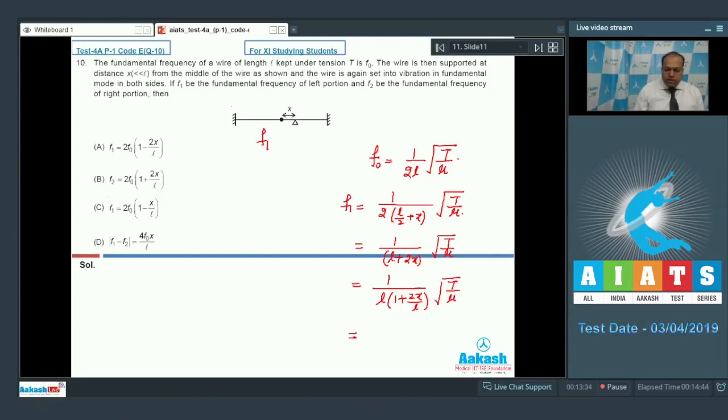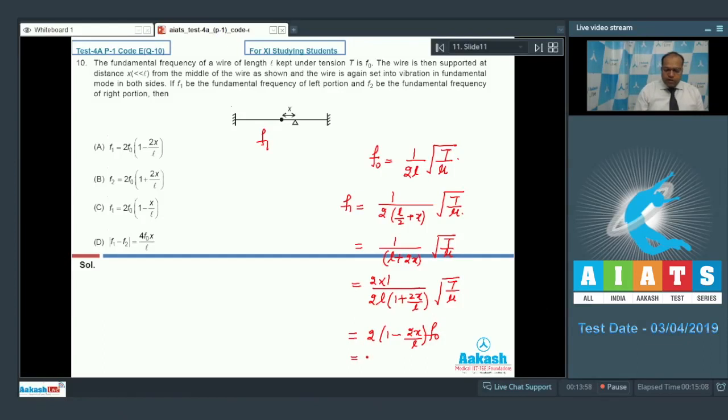And further it can be written as, if I multiply this by 2 and the numerator also by 2, then after binomial expansion we can write in this way: 2 into 1 minus 2x by L into f naught.